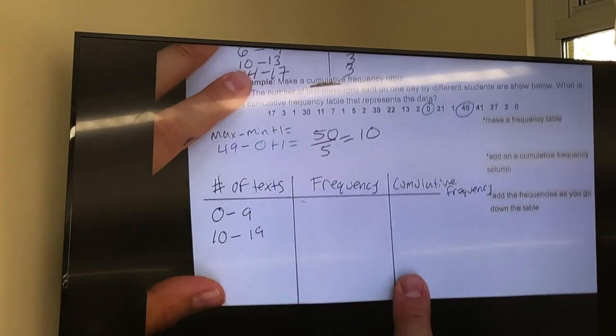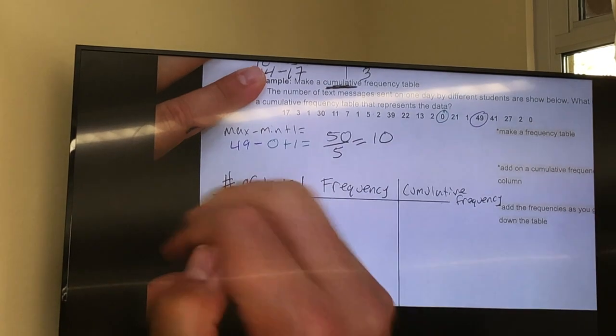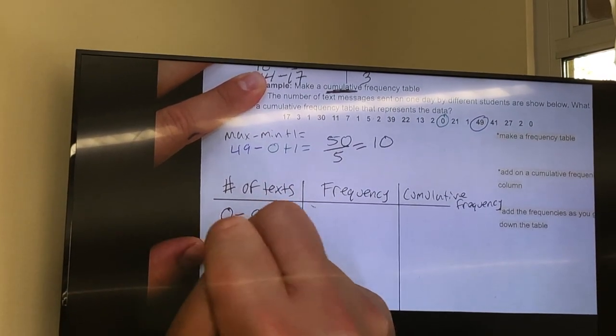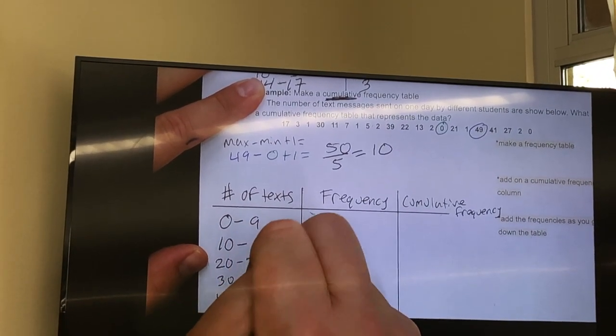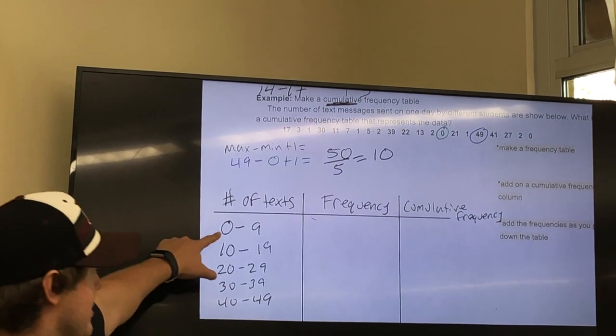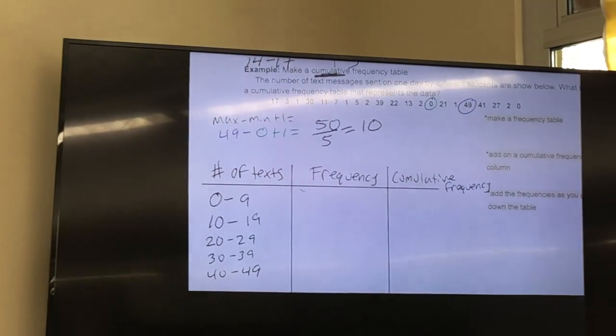So as you can see, it's always going to end on the 9 and start with the next place value. So 20 to 29, 30 to 39, 40 to 49. Again, if you do this correctly, it starts at our min and ends up ending at our maximum.